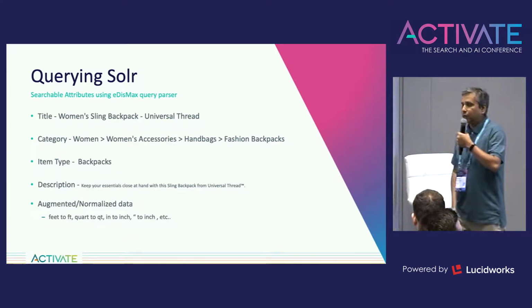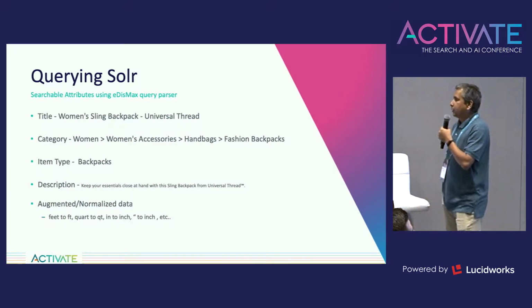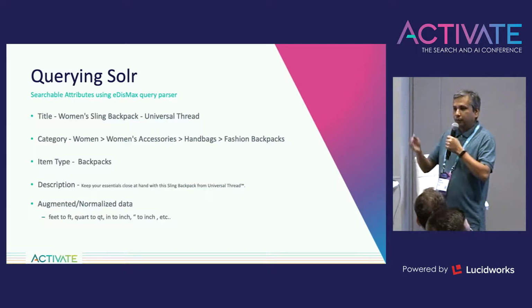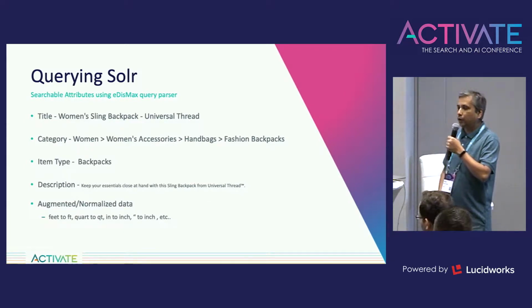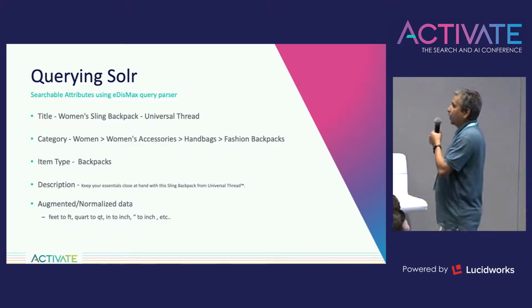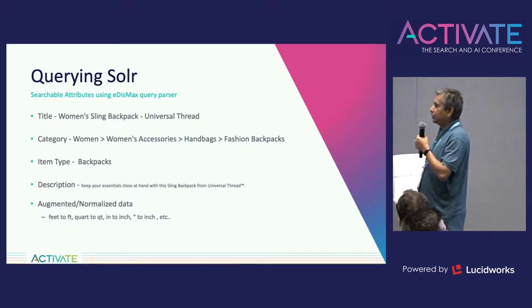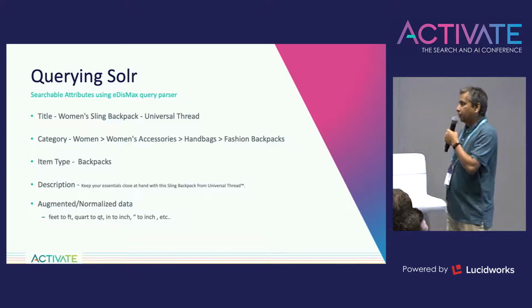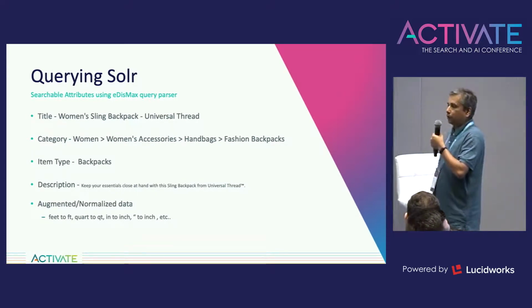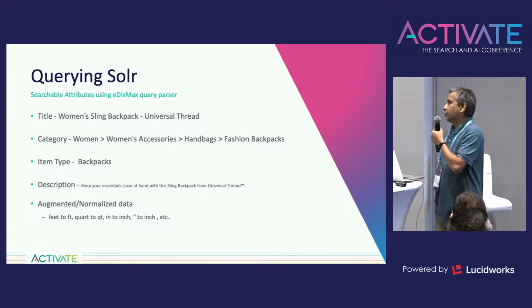There's a category, which is the taxonomy or hierarchy the item belongs to. For instance, this one belongs to women's accessories, handbags, and fashion backpacks. And then there's an item type associated with it, in this case backpack, and the item description.